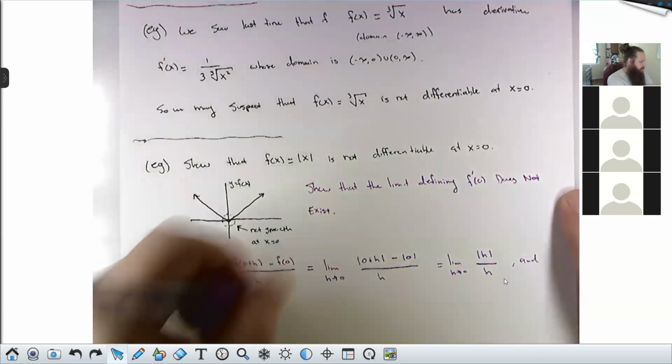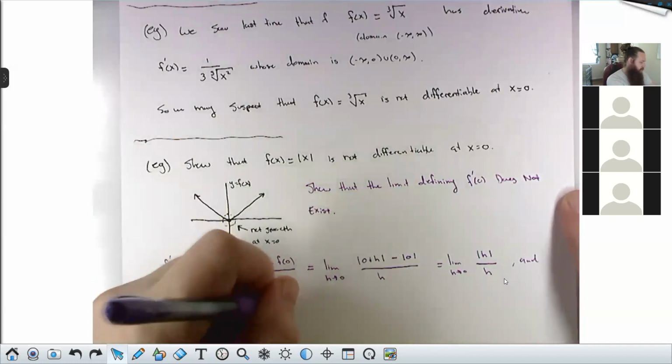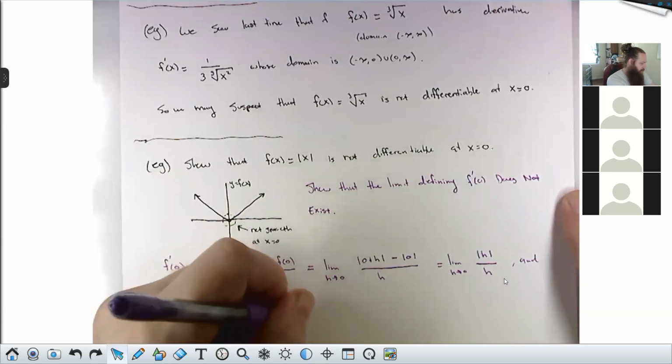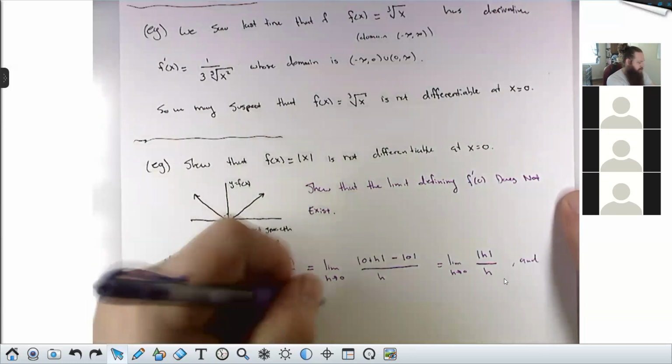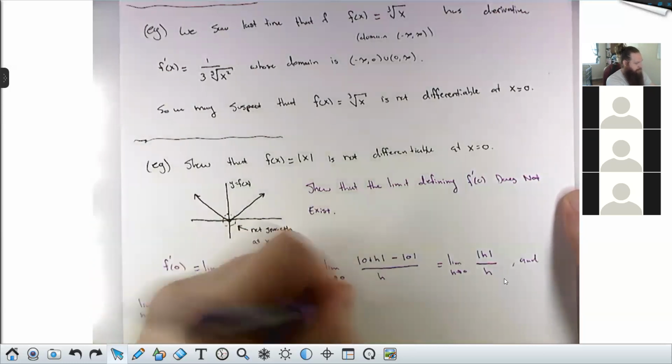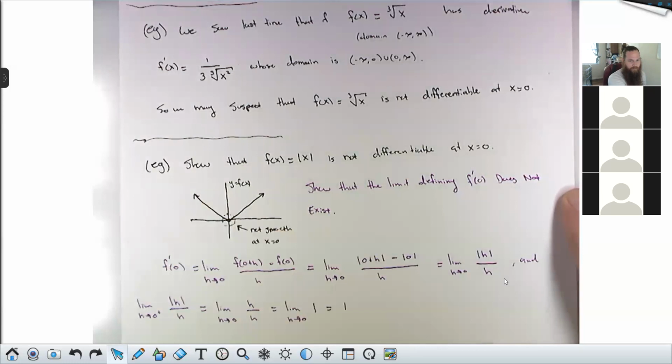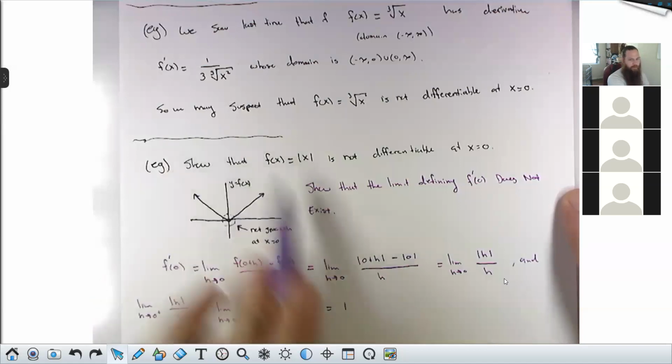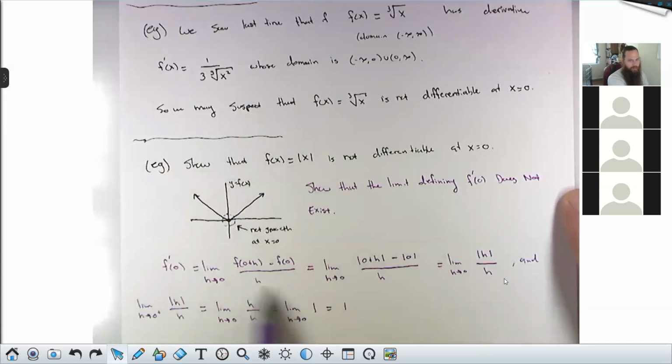You can cancel those. And like Yiping just said, what we're going to get out here is 1, right? Because h over h is just 1. And the limit of the constant function 1 is 1. So the limit as h goes to 0 from the right of this expression is positive 1. Now that's not the limit of this function, right? That's the limit of this difference quotient.